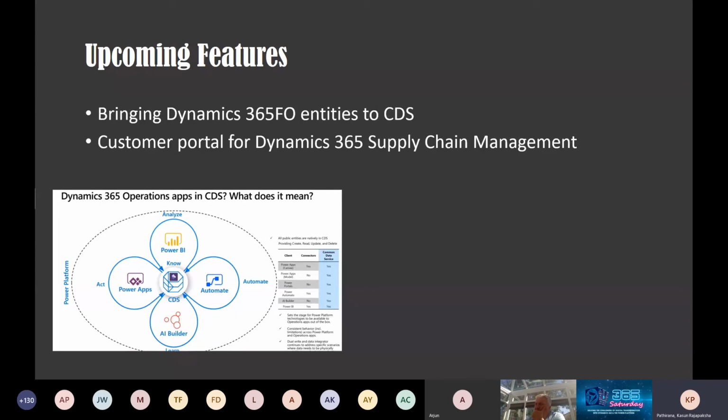It's getting the entities natively into the CDS. So the CDS will have the FNO entities, and when you have those entities available in the CDS, you could definitely have some really good scenarios. You can leverage Power Apps and all the Power Platform related capabilities when you have the entities.